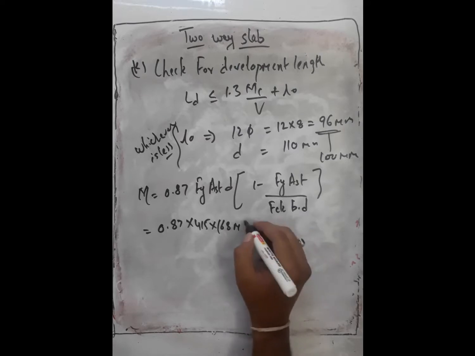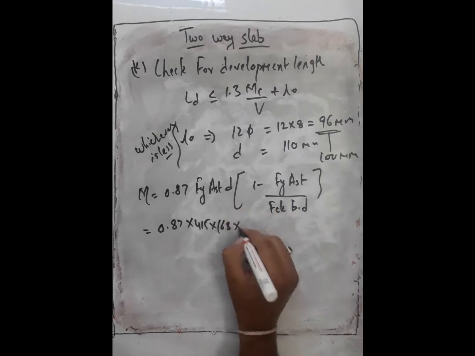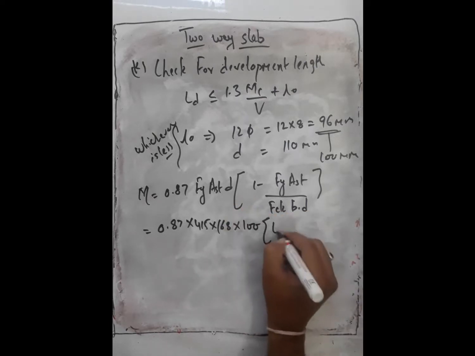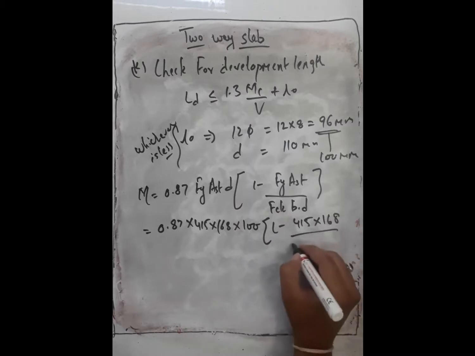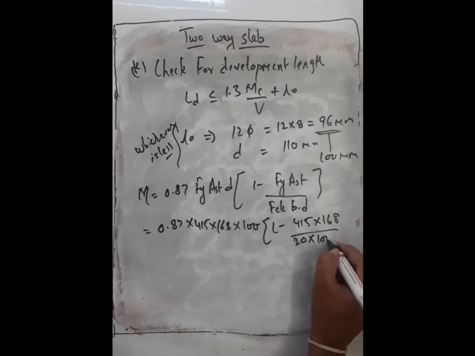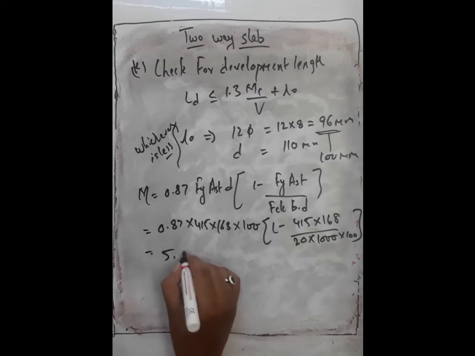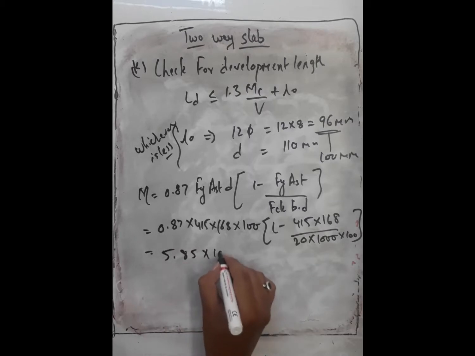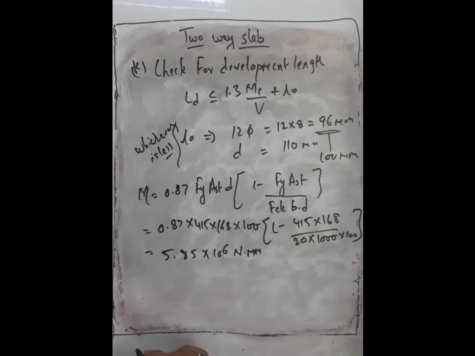Okay, so 168, AST D is 100. 1 minus 415 into 168 divided by 20 into 1000 into 100. After solving this equation, you get 5.85 into 10 raised to the power 6 Newton mm as the moment value.